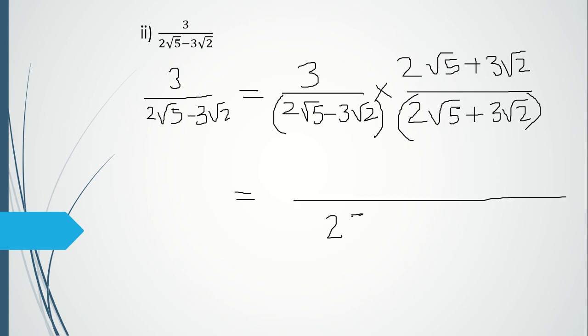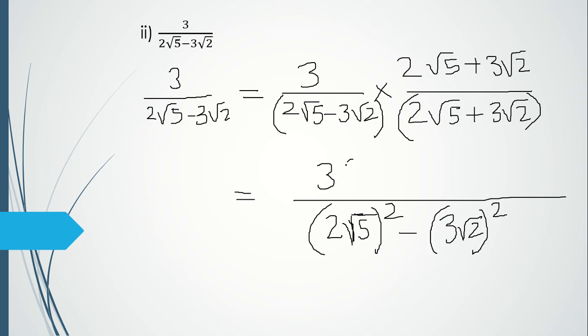So that is going to be 2 root 5, the bracket square, a square, minus this is b square, that is 3 root 2 square. And the numerator will remain as it is, 3 into 2 root 5 plus 3 root 2.